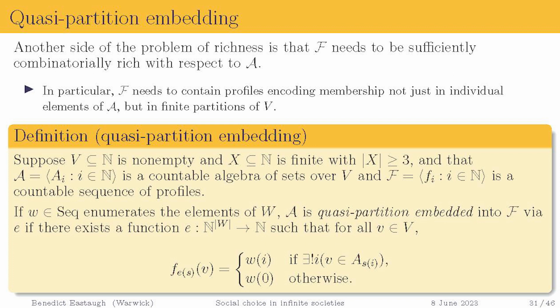This quasi-partition embedding condition is going to say something like: for any 3 weak orders there exists a profile in which this coalition has weak order 1, this coalition has weak order 2, and this coalition has weak order 3. So obviously we're going to have several different profiles depending on how we choose those weak orderings. That's the essential idea. And this just ensures that F is rich enough that these proofs will go through.